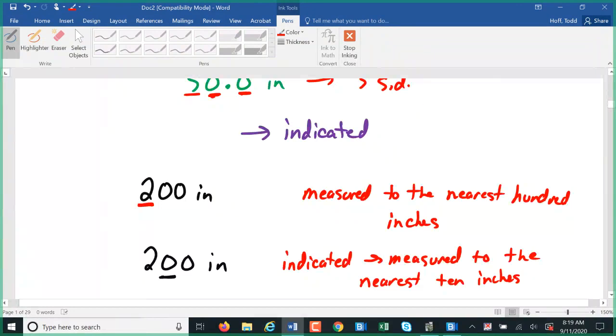So even though both of them say 200 inches, that little line indicating the zero is saying we really did measure to the nearest 10 inches, but it happened to come out closest to 200. So that zero is still significant.